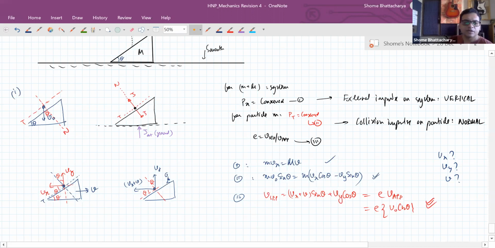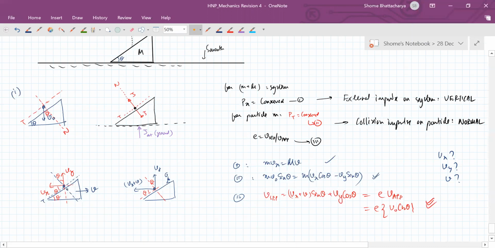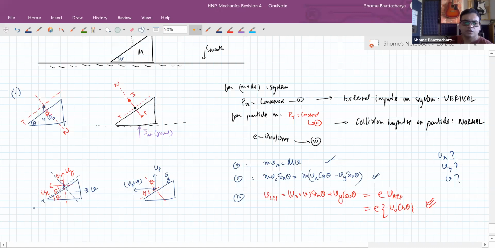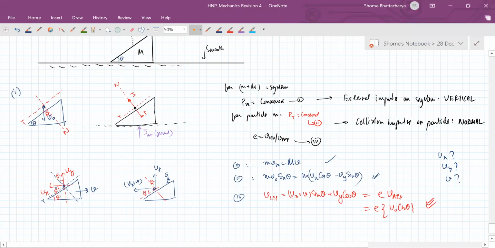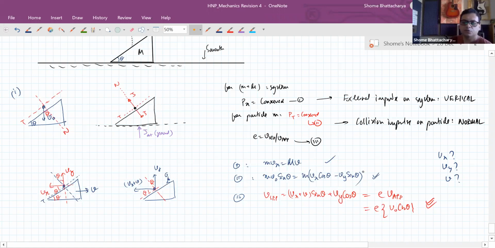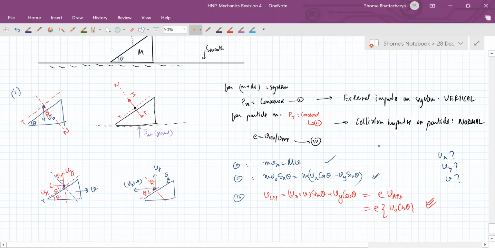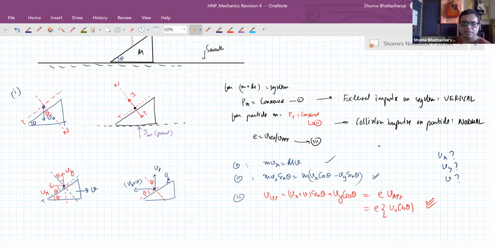The net velocity of the particle is the sum of vx and vy, so we have to find its tangential component. We divide vx and vy into their components and then sum them up. So vx cos theta is along my positive tangential axis and vy sine theta is along the negative tangent. So the net tangential component becomes the difference of the two. Okay?